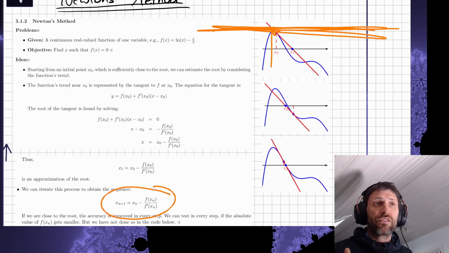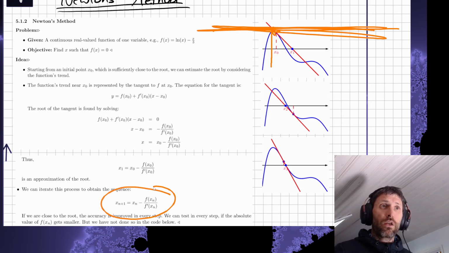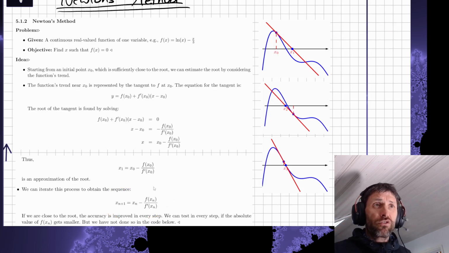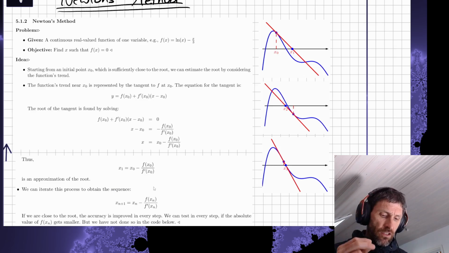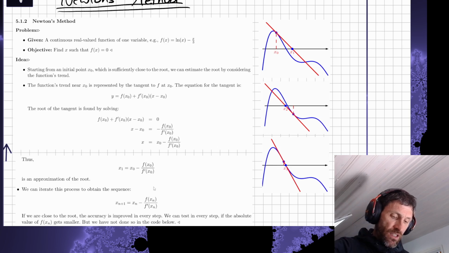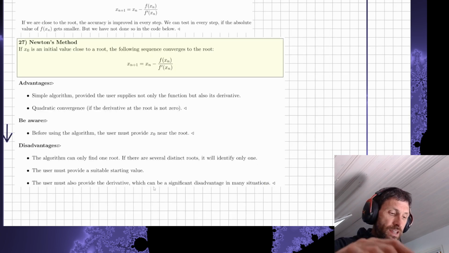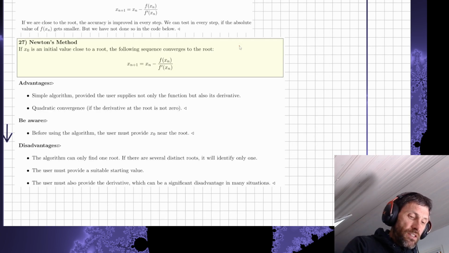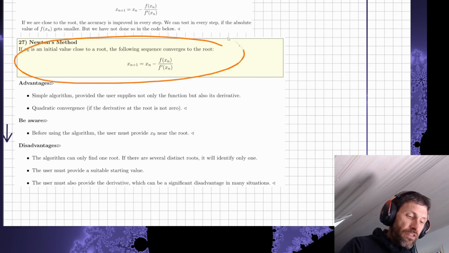If the derivative is 0, everything explodes. And if we are close to the root, we will get closer and closer, and the function value will become smaller and smaller. Okay, so this is Newton's method.